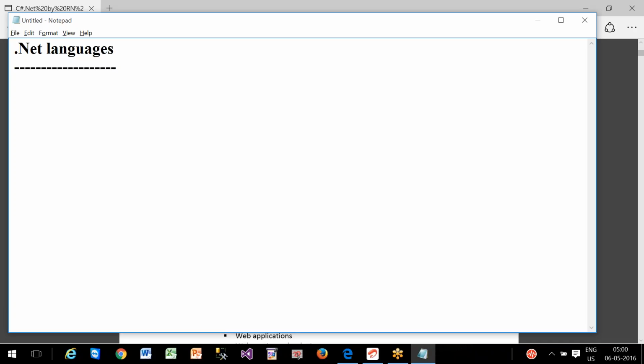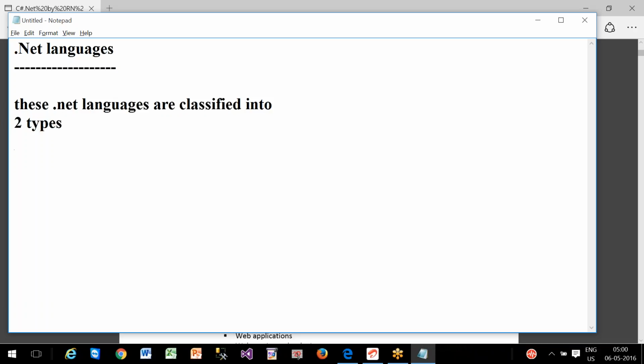Let me explain the concept. .NET is a platform supporting multiple programming languages, so all these languages are called .NET languages. These .NET languages are classified into two types.